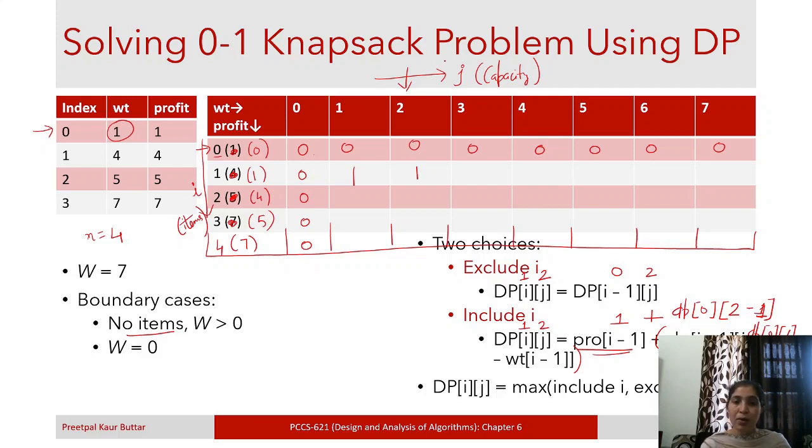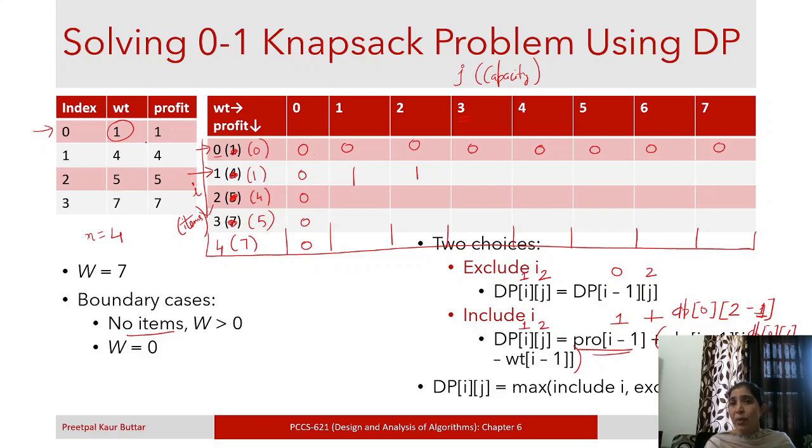So now you further increase the capacity of the knapsack. Now you move here. Now the capacity of the knapsack is 3, but still you are picking only the first item. The item which you have in your knapsack is only one item which you have in this store, because we are at this location. So it means you have only one item in your store and the profit of that item is 1 and the weight of that item is also 1.